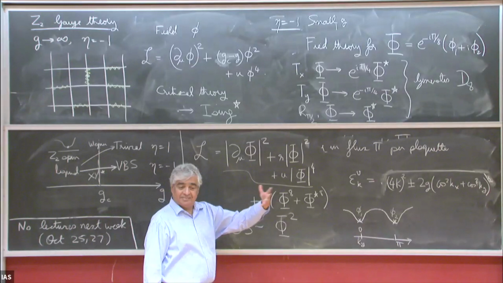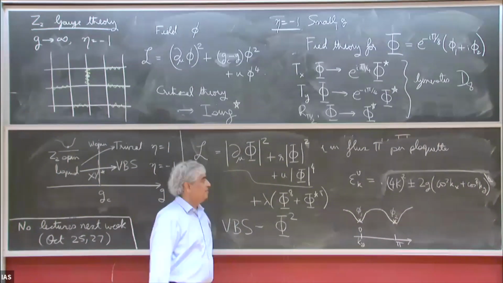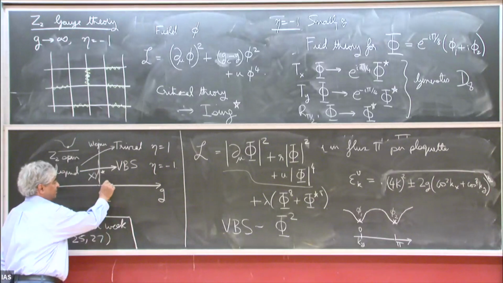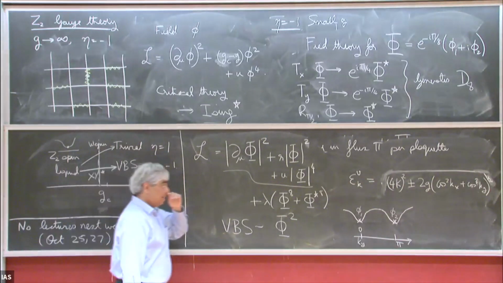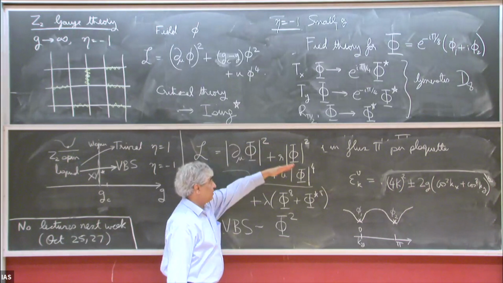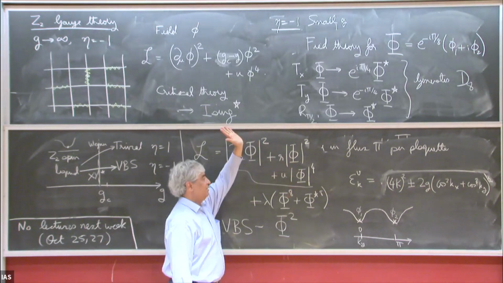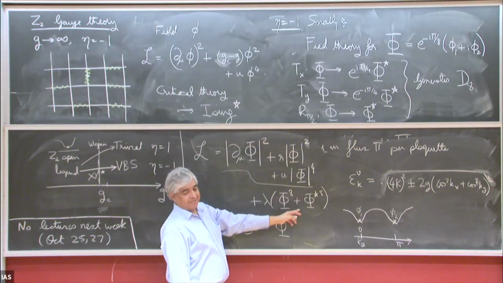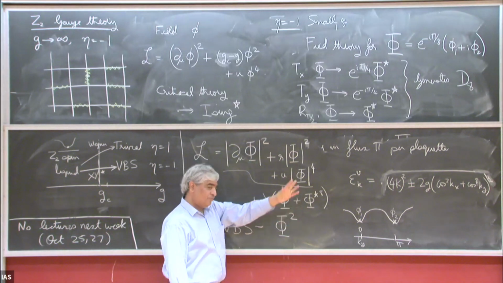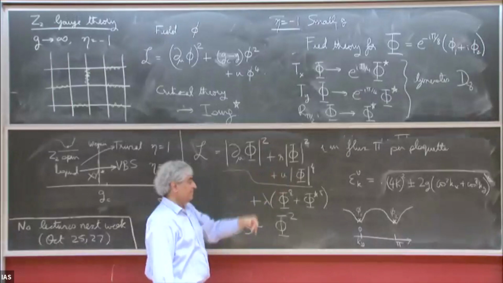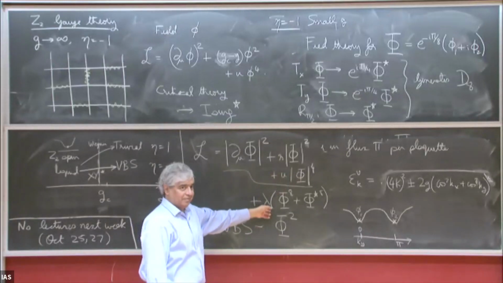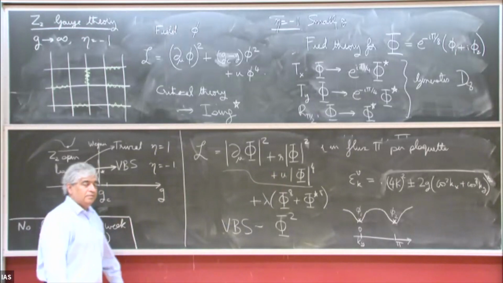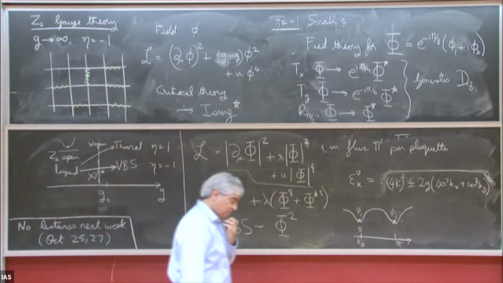So there'll be some additional corrections, but they're sub-leading. That's at the critical point. The moment you move away from the critical point, then it has a much stronger effect. Because if you move away from the critical point when phi condenses, there's a Goldstone mode, which has 0 energy, but it doesn't have 0 energy here. So the Goldstone mode, the spin wave mode, gets a small gap, and that gap is proportional to lambda.